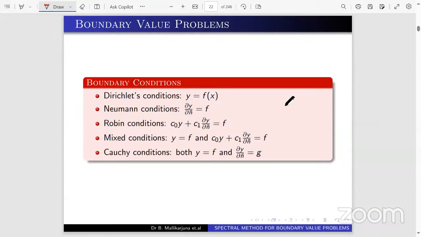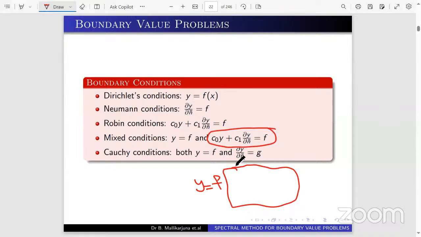Mixed conditions: suppose this is a domain, and y is equal to f. Observe here, a combination of these two can appear. One part is y equal to f, and another part is c0 y plus c1 times the derivative of y with respect to its normal is equal to f.